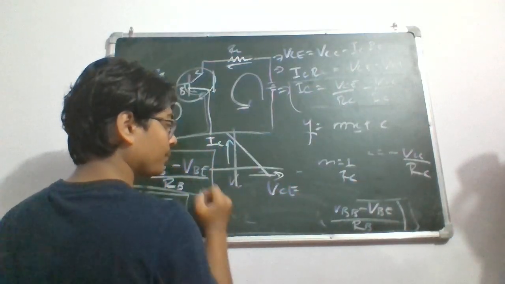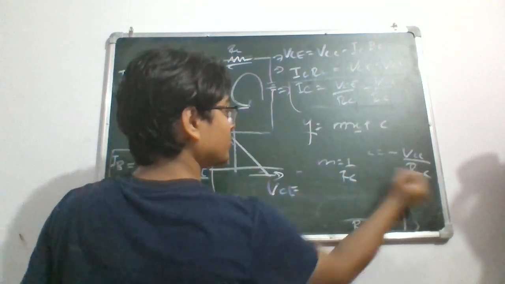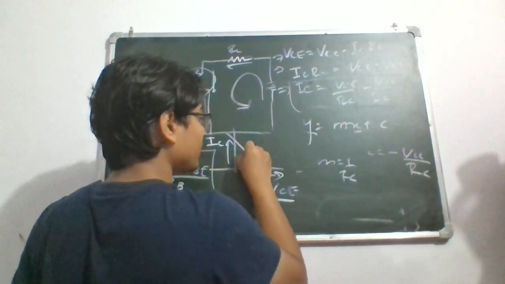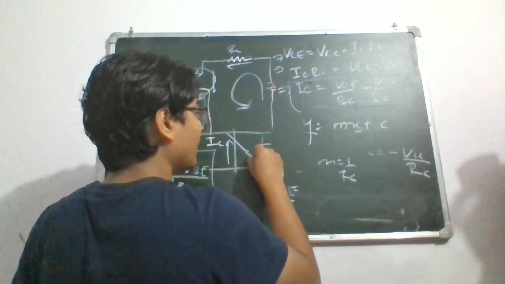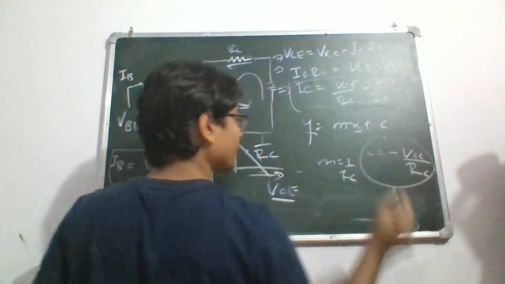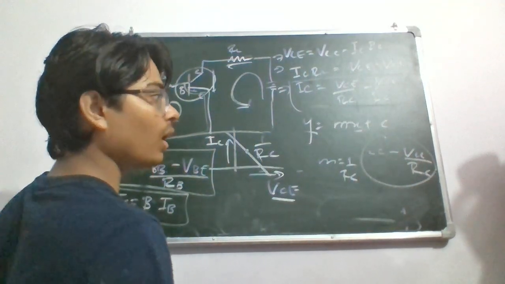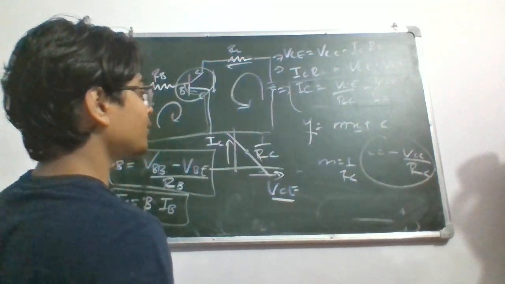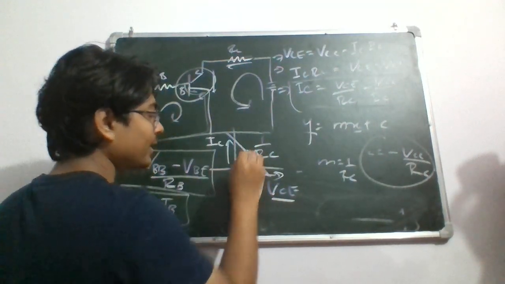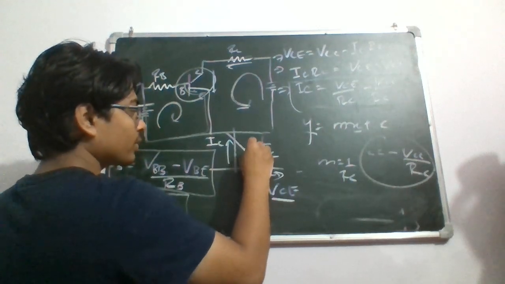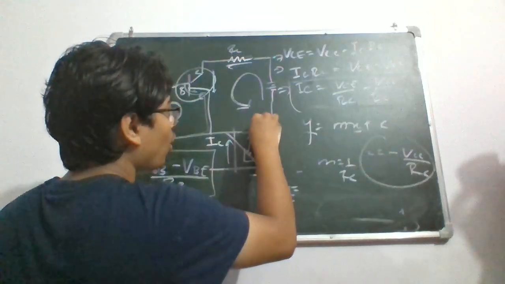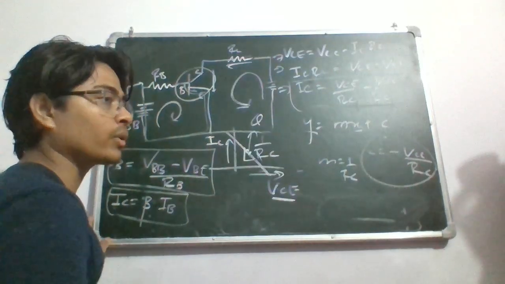The slope here, which is given by the value 1 by RC, is this, and this is the y-intercept, minus VCC by RC. So this is how we get the operating point. Somewhere in this graph lies the operating point that we were talking about.